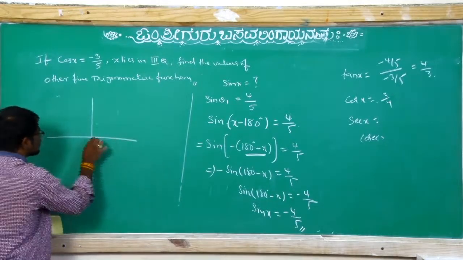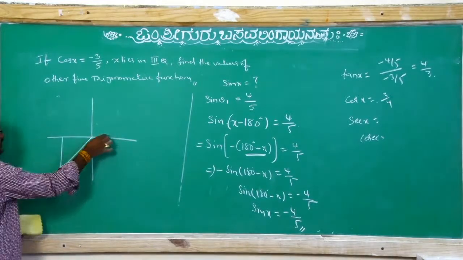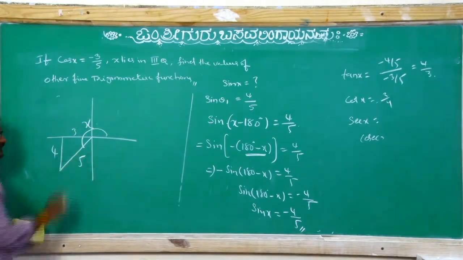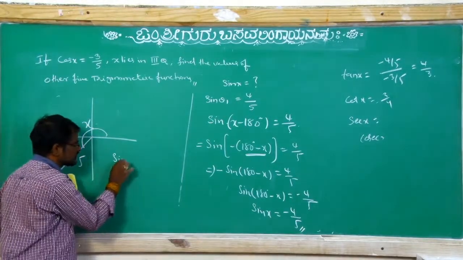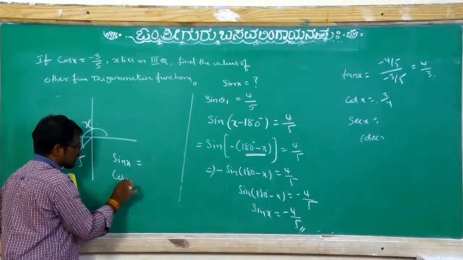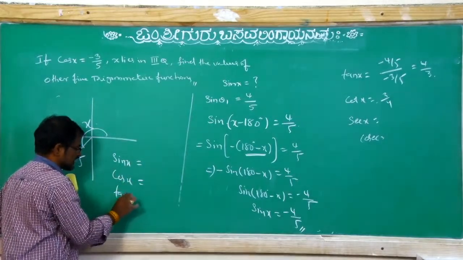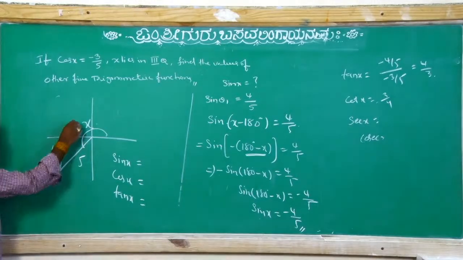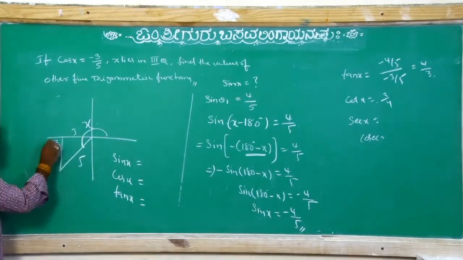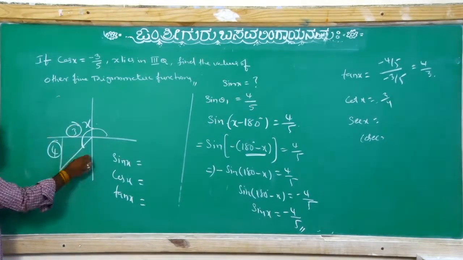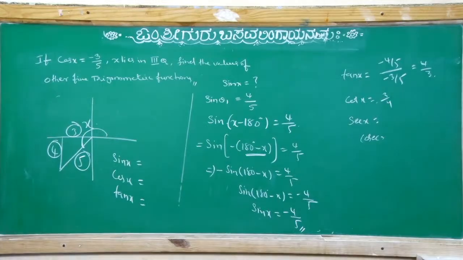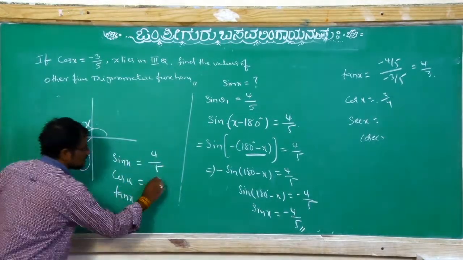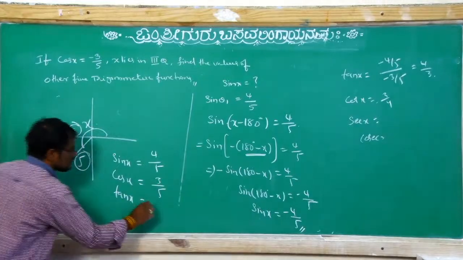Still easy. So this is third quadrant, x value is there, like this if you take, this is 3, this is 4, this is 5. All the functions you take, sin x equal to, cos x equal to, tan x equal to. Now opposite side, for this one opposite side, this is what? Adjacent side, this is hypotenuse. Opposite is what? 4 by 5. Next 3 by 5. Next 4 by 3.